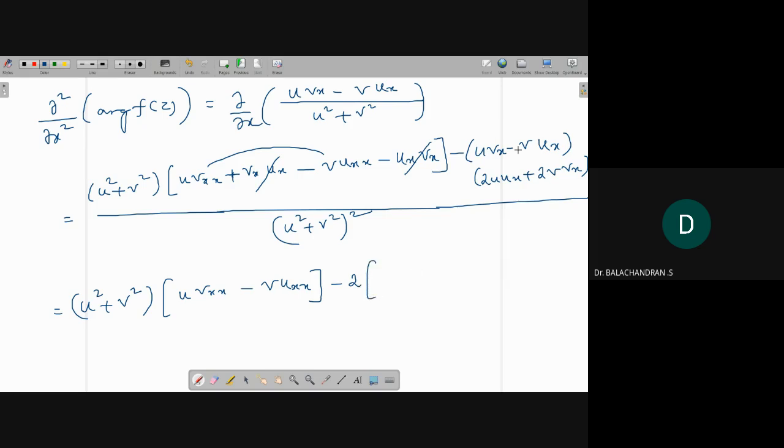Minus 2 into, if I multiply these two, you'll get u square into ux into vx plus uv into vx square, and then minus uv into ux square, and minus v square into ux into vx.